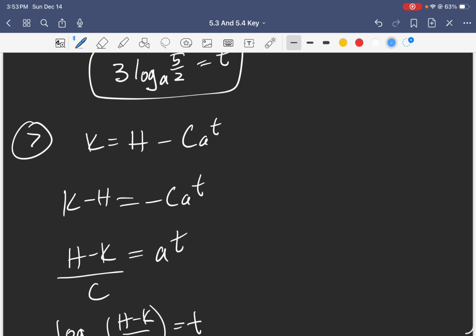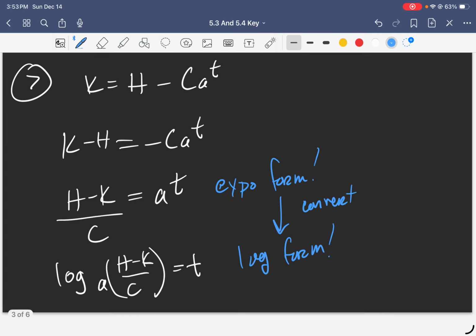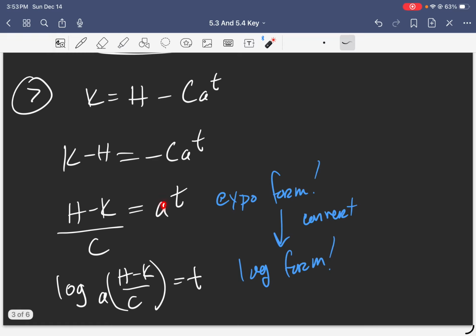So that means that this is now in exponential form, and I can now convert it into log form. It's going to be log base a of this stuff is equal to my exponent, because a log is just an exponent. And that's what we get.